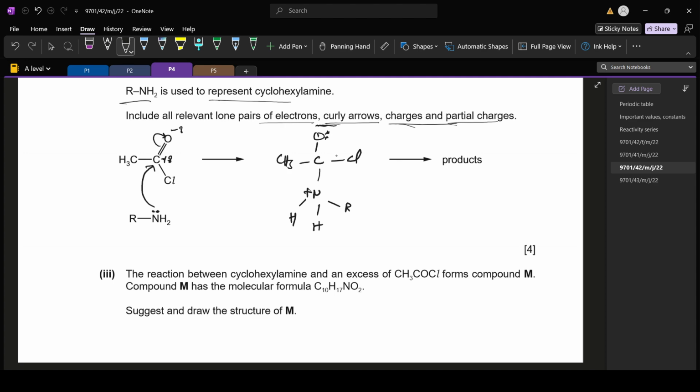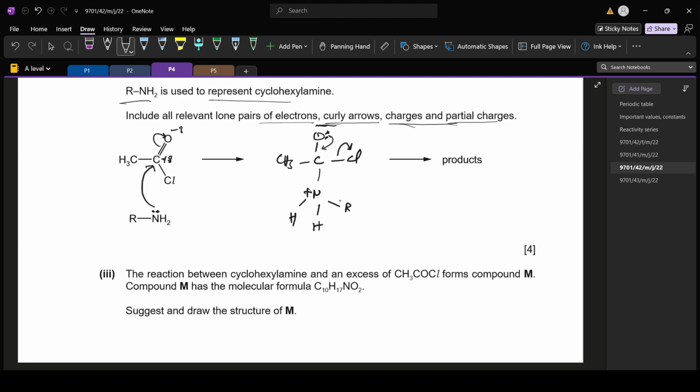Now in this intermediate, the chlorine is more electronegative, so it will attract electrons more, and the charge on this oxygen will again form the carbon double bond.